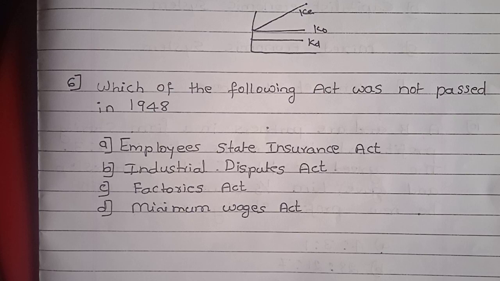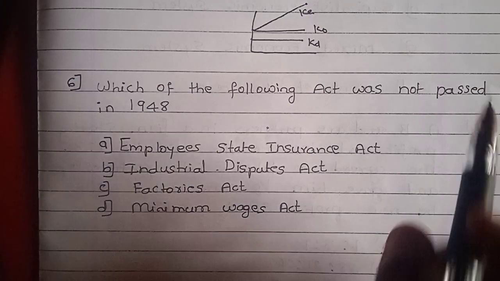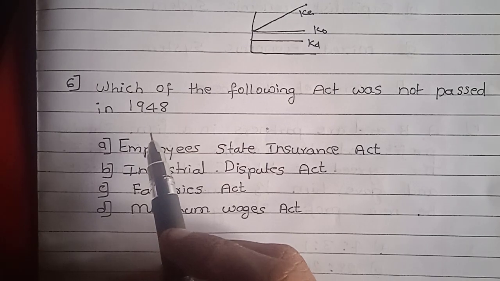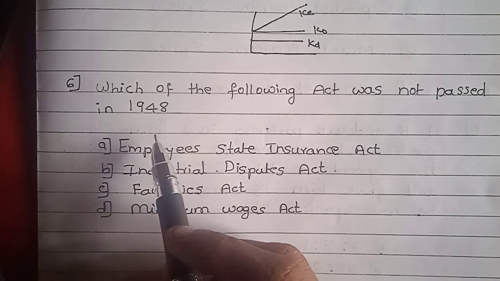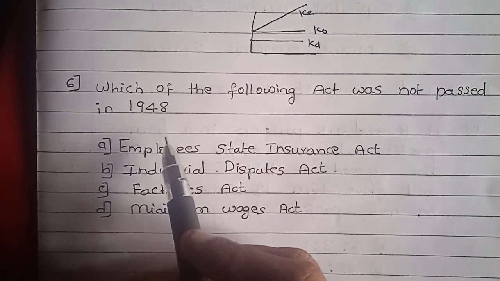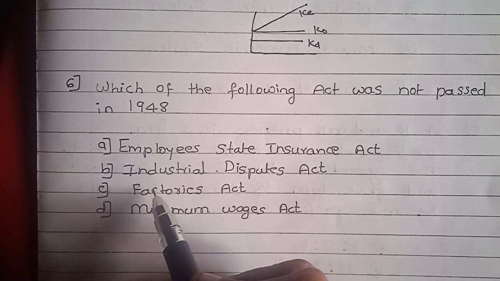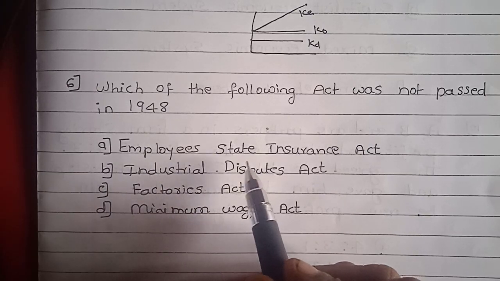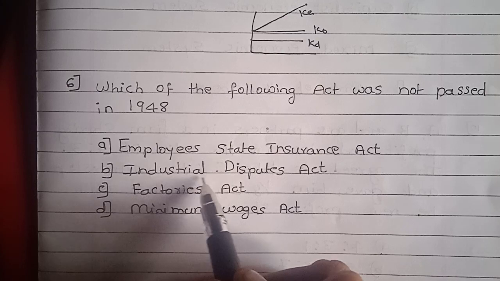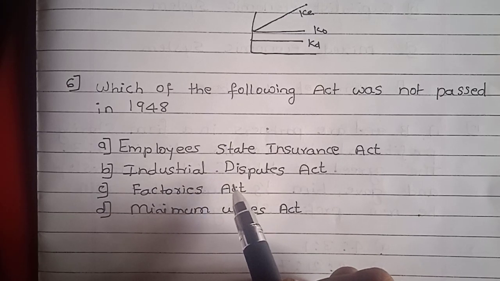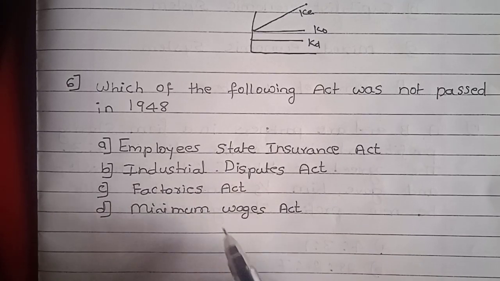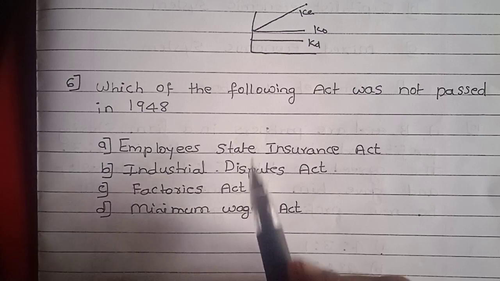Next, sixth question. Which of the following acts was not passed in 1948? There are 4 options: Employee State Insurance Act, Industrial Disputes Act, Factories Act, Minimum Wages Act.